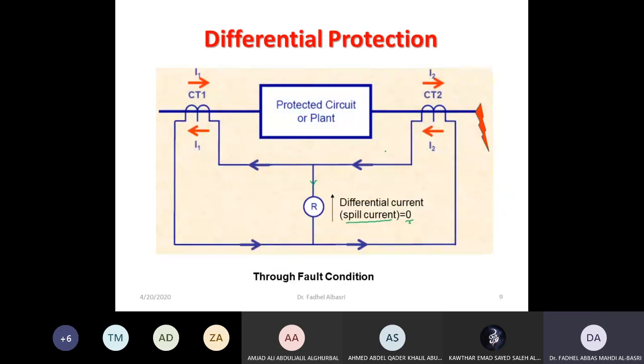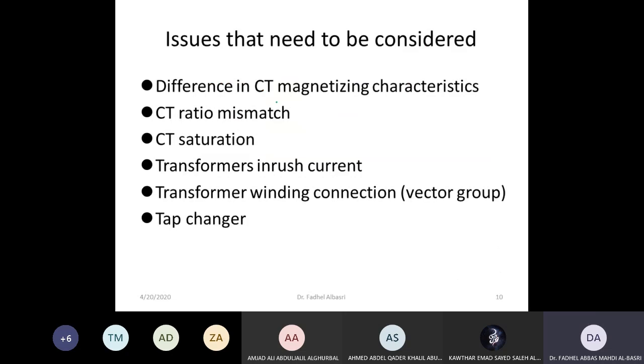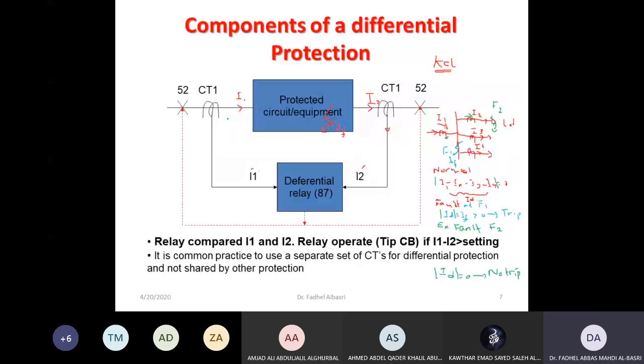So this is one issue; I might have a false differential due to some problems. One of them is that the CT magnetizing characteristics are not identical. Another is that the CT ratio is not the same. The ratios at the different places are not identical.